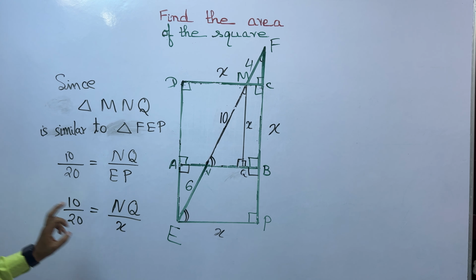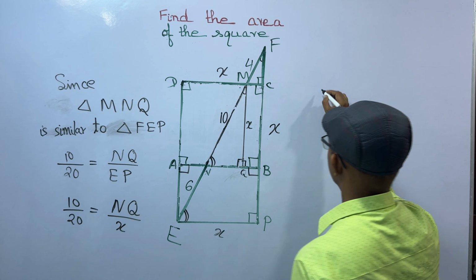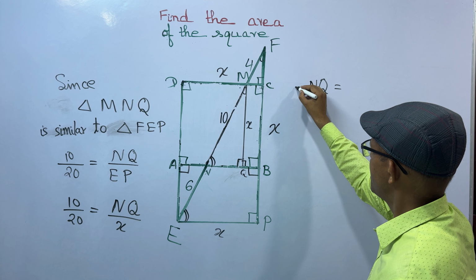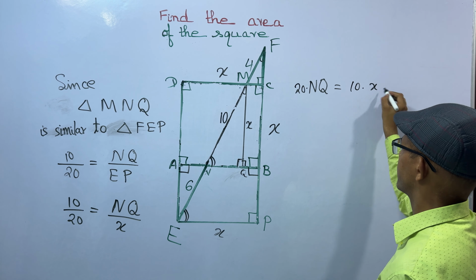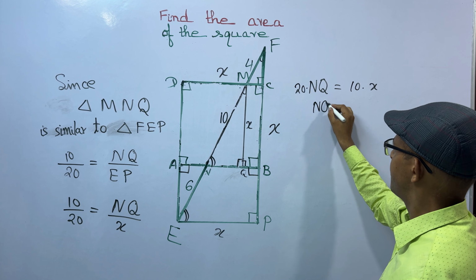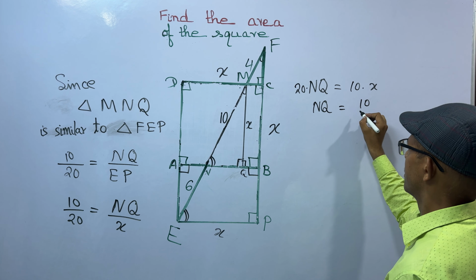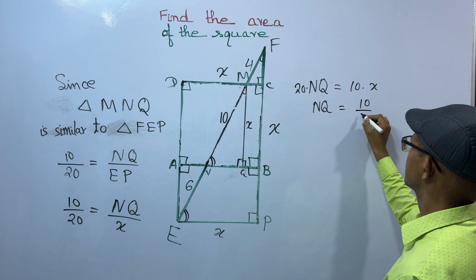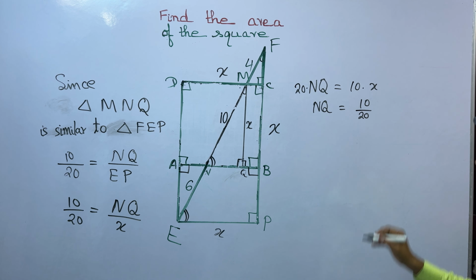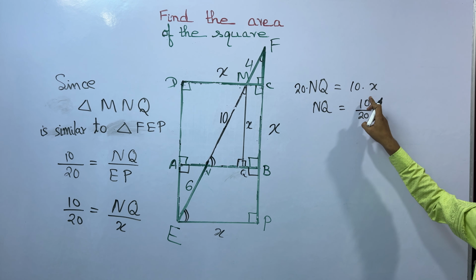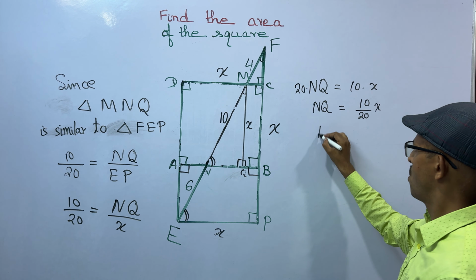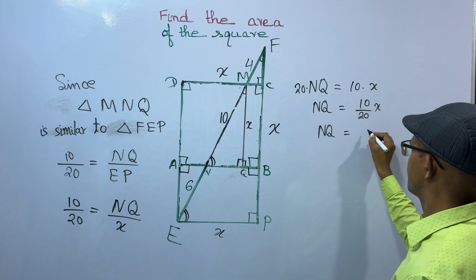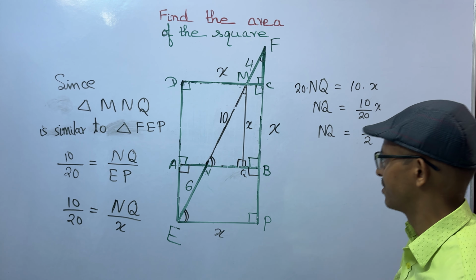Okay, we can cross multiply to get 20 times NQ equal to 10 times x. Now we can divide by 20 to get NQ equal to 10 divided by 20 of x, or NQ equal to x by 2.